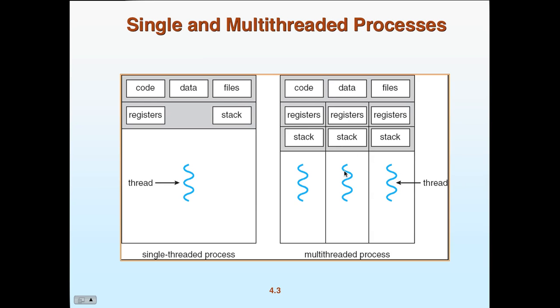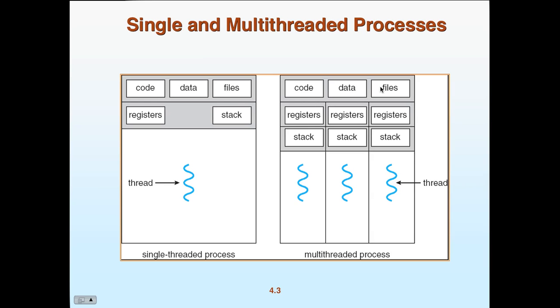But these threads are sharing the code, the data, the files. They have their own registers, their own stacks, but they're sharing this stuff up on the top. So instead of having registers and stacks for one thread inside of one process, we have registers and stacks for all 3 threads. They're actually kept separate so that they can basically perform their functionality independent of the other threads.